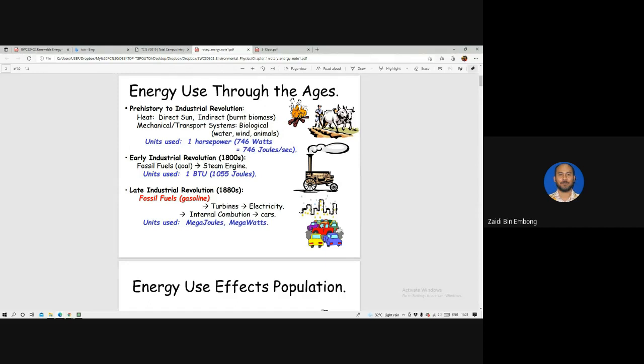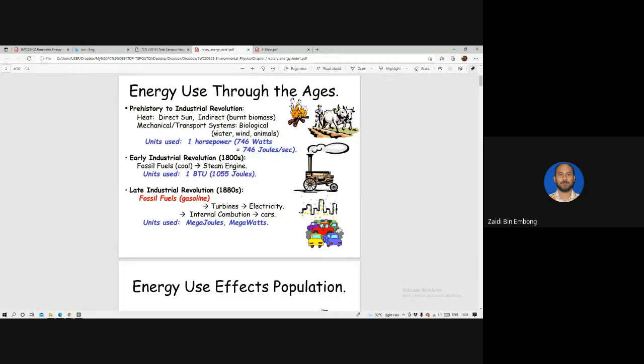So people moved to the use of fossil fuel or coal, that I showed you just now, the steam engine. Then in terms of the measurement of energy, normally we estimate by using the term 1 horsepower. Why horsepower?